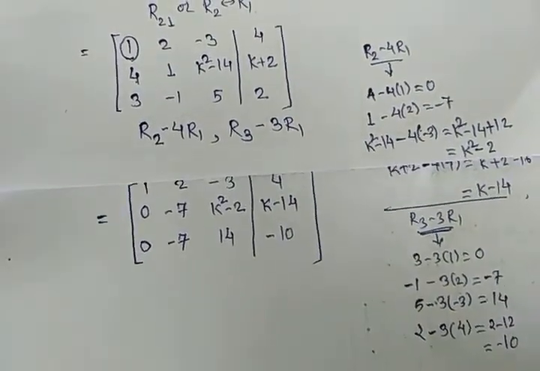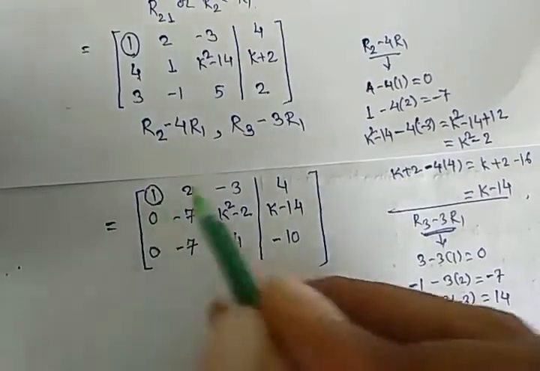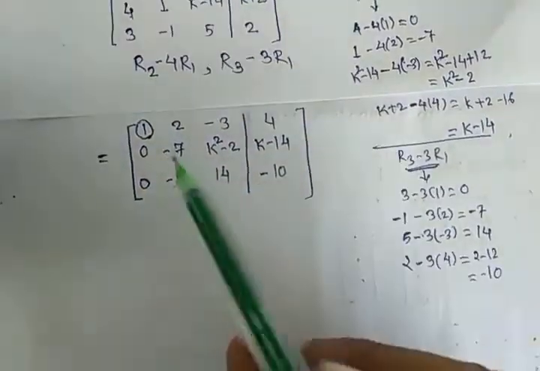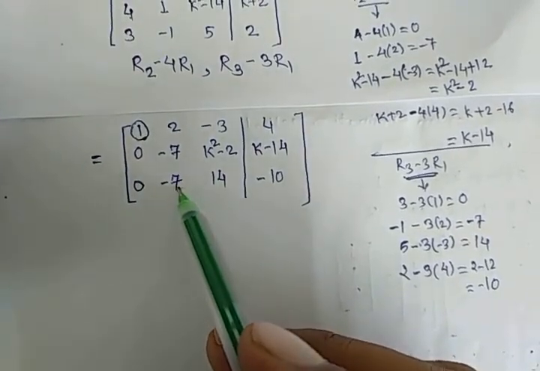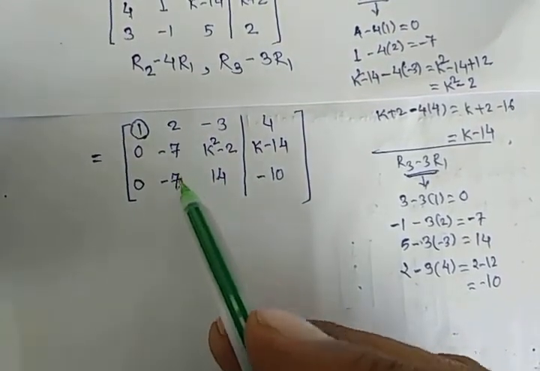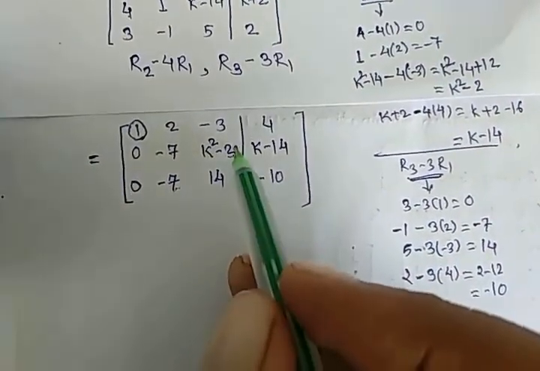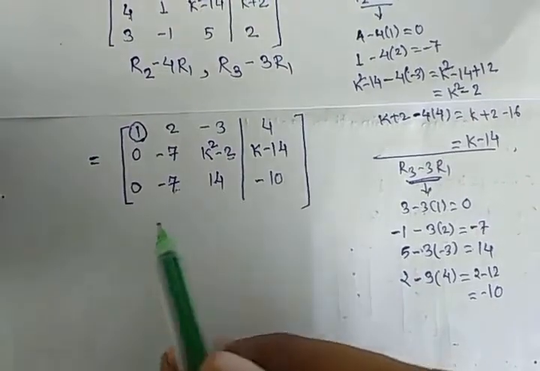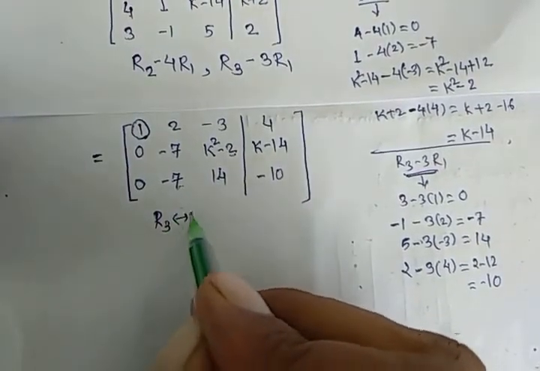Okay, so we get a matrix with leading one at A11 and below it's 0. Now we interchange second and third row so that this constant which we have to find will go to the last row. So we interchange R3 with R2.